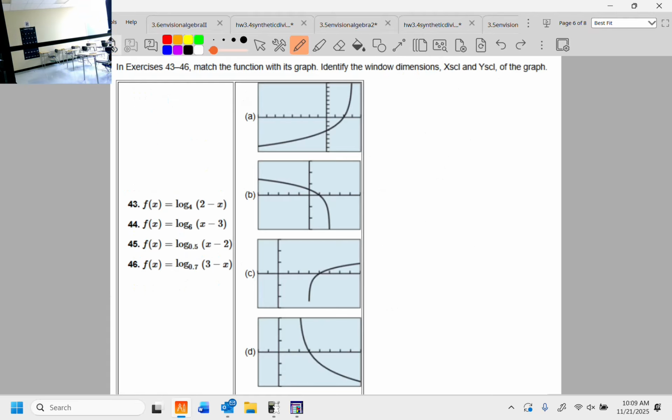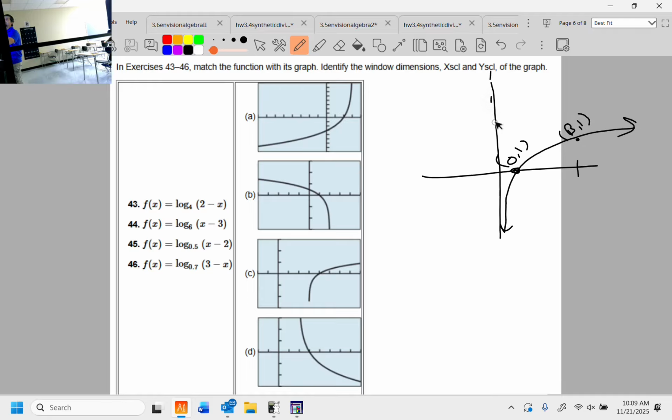Alright, what do we have here? We have some matching of functions with their graphs. It shouldn't be too terribly hard, but of course it's got weird stuff on it. You need to be thinking about your parent function. You're always going to contain (0, 1). That's a given. What's the other point? It's (1, b), whatever the base is.